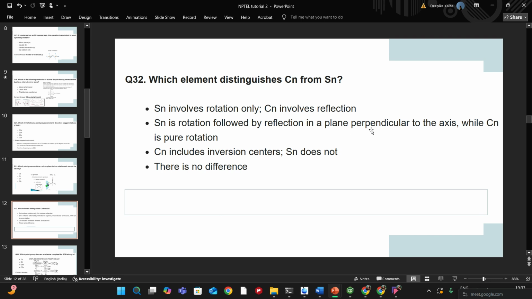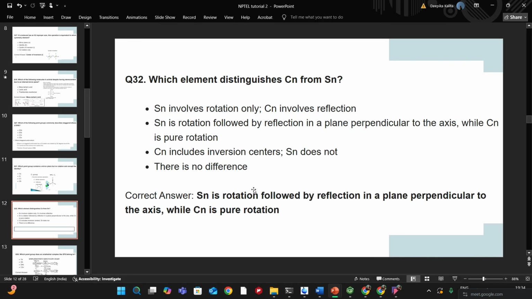So, this option is the correct one, as we have already gone through the definition of the Sn symmetry element. Hence, option 2 will be the correct one. The plane of reflection, which is perpendicular to the axis, is the factor which distinguishes Cn from Sn.